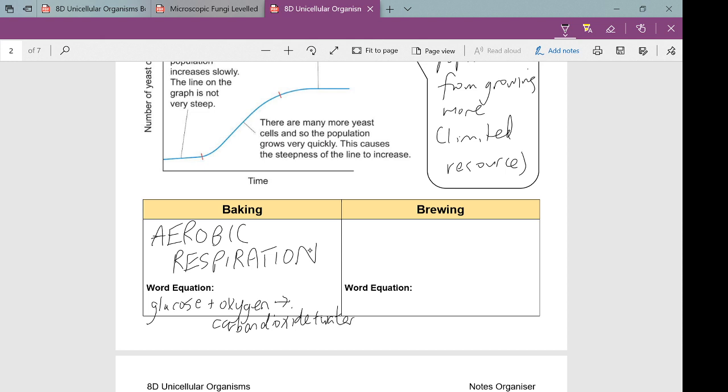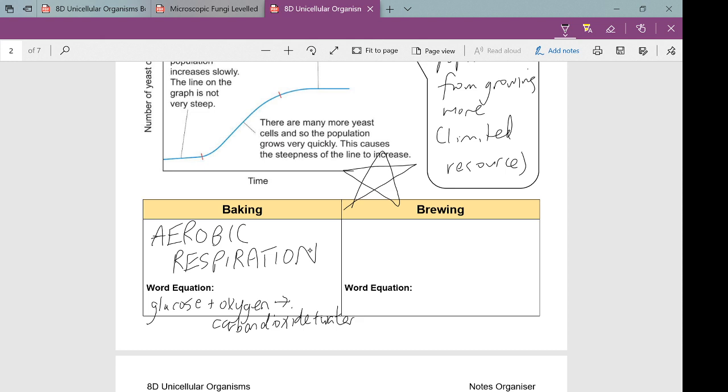So, let me ask you this. Why does bread rise? We use yeast in bread, so whenever we make the dough, we put a little bit of yeast in there.